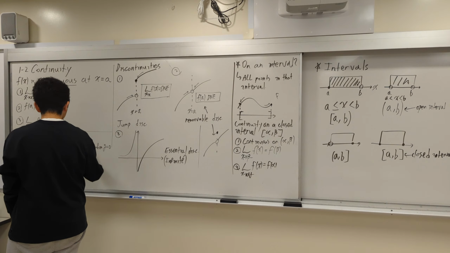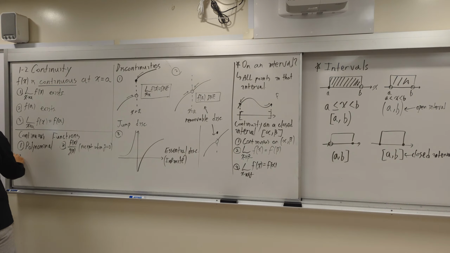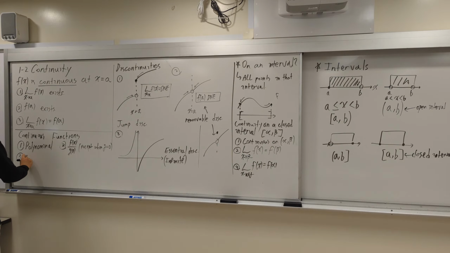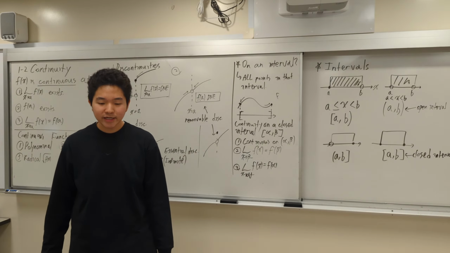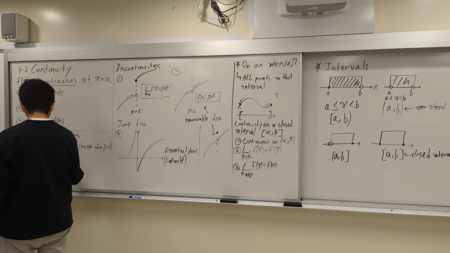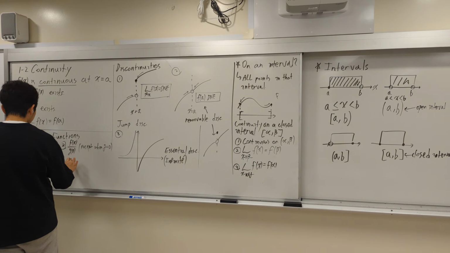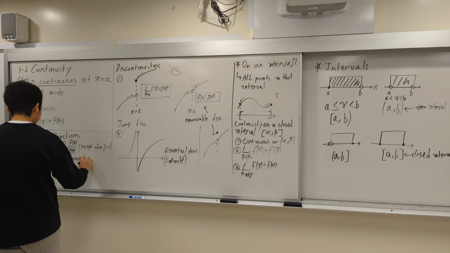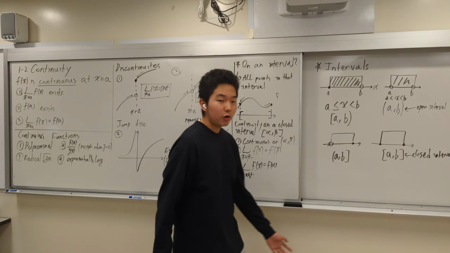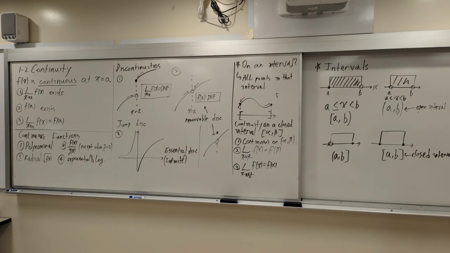What else? All radical functions are continuous in their domain, like the square root of a function f of x. Exponential and logarithmic functions are also continuous, but we won't touch too much on that in this course. Okay, so when we're dealing with polynomial functions, you can rest assured that yes, it is a smooth continuous curve everywhere.